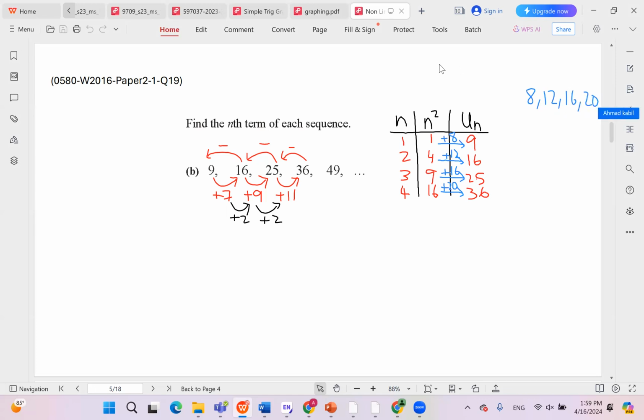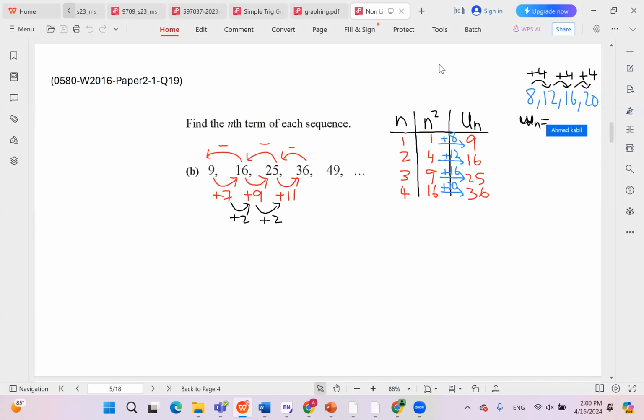Of course, if we analyze the sequence on its own, we can easily see here that we have +4, +4, and +4. So this is a linear sequence. So un, or so as not to confuse this with the actual sequence, let's just call this anything else. Let's call it like wn or anything.